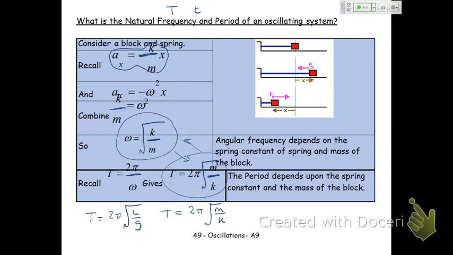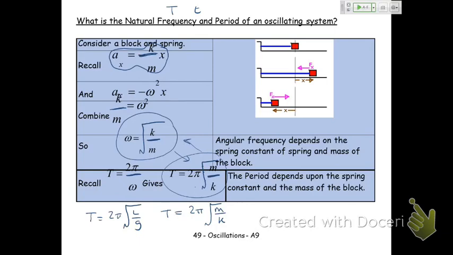There's an issue here that's confusing. k over m, m over k. It's easy to get that confused. So it's worthwhile double checking by the logic of it. If I increase my mass, I expect my system to be more sluggish. So I expect a longer period. So mass should be on top.